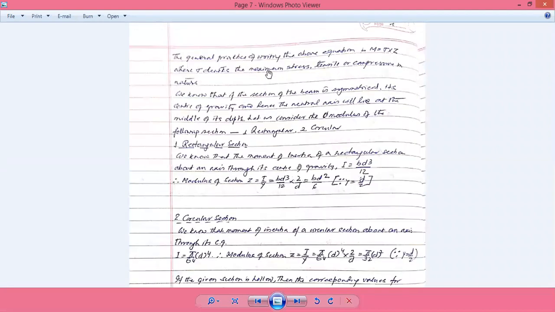The general practice of writing the above equation is M equals sigma into Z, where sigma denotes the maximum stress, tensile or compressive in nature.